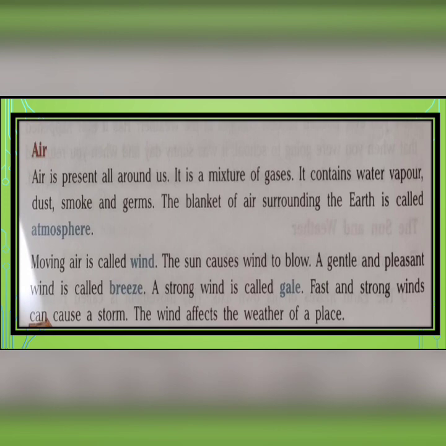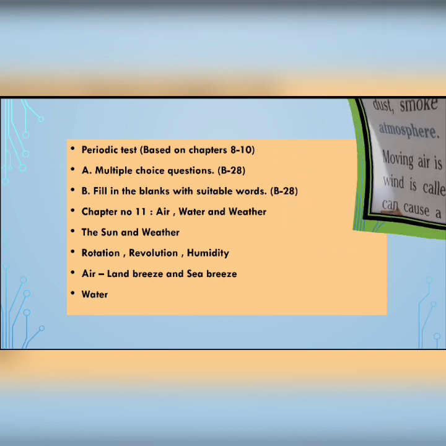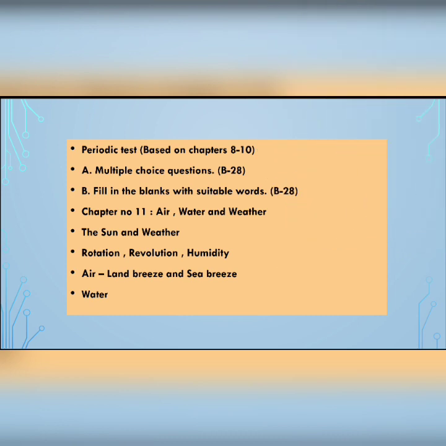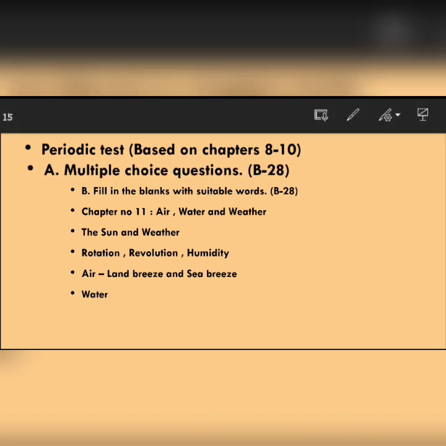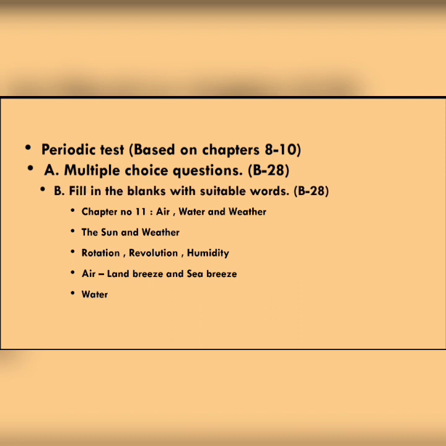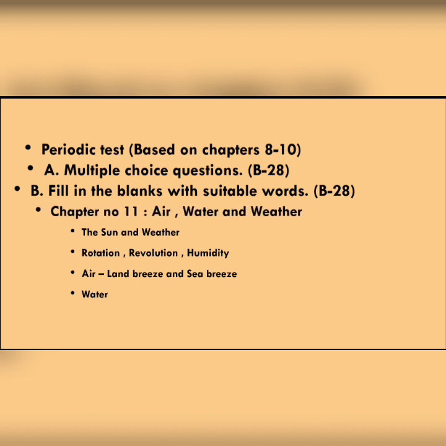Yes? And with this, we are going to conclude today's class. Let us recall what we discussed today. Today, we discussed question A and B given as periodic test, based on the chapters 8, 9 and 10. There we discussed question A, multiple choice questions. Next question B, fill in the blanks with suitable words. After that, we started a new chapter, chapter number 11, air, water and weather.